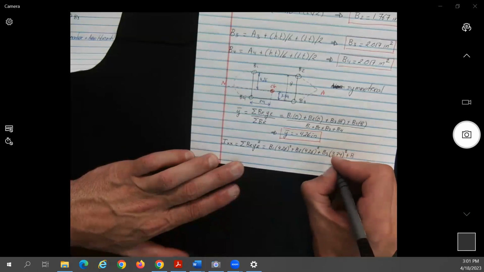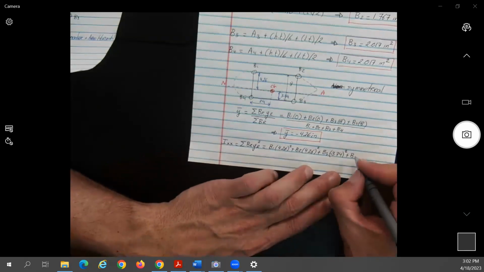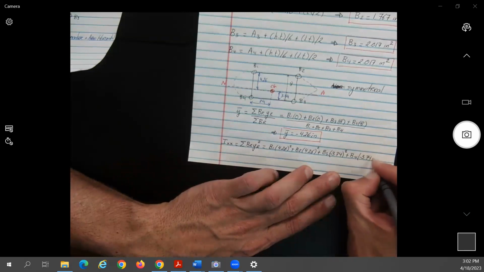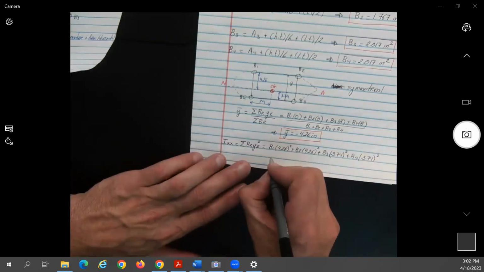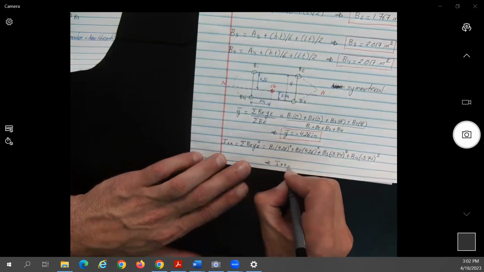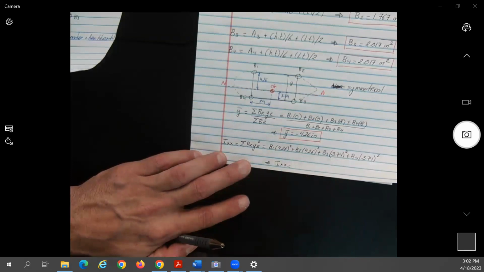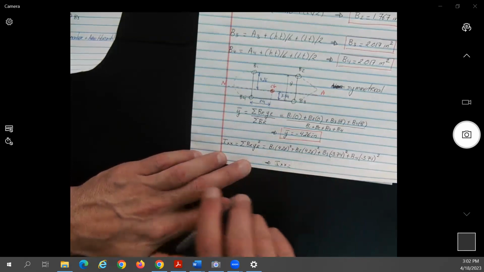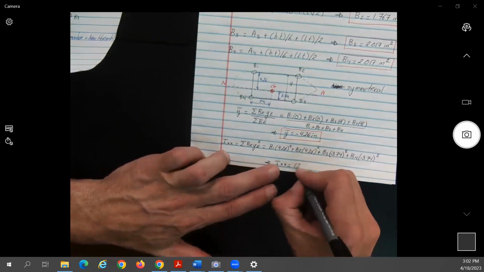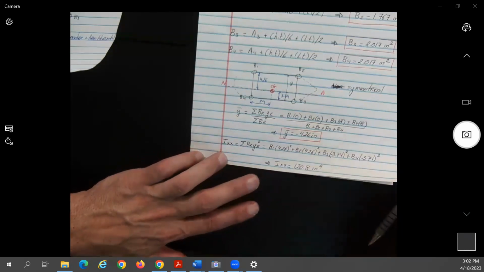So actually it should be negative, no? 0.374. It's not going to change because it's squared, but before minus 3.74 squared. And if you do this, you get that IXX will be equal to 120.8 inch to the 4.